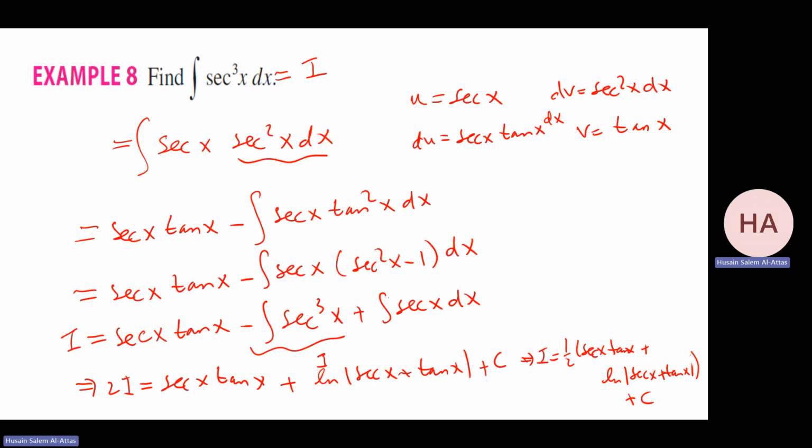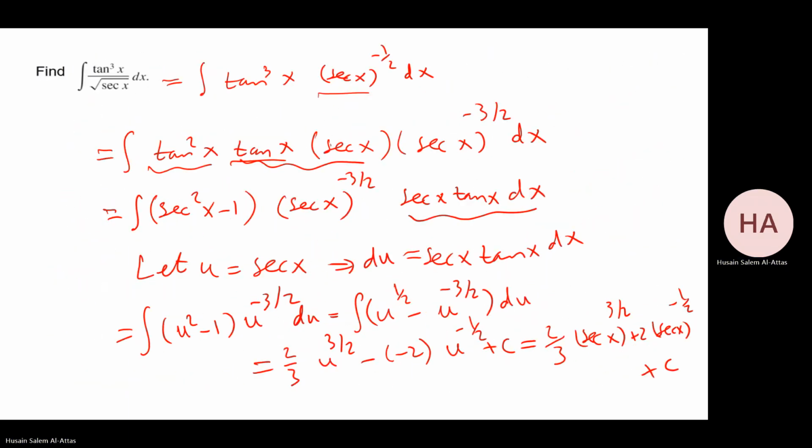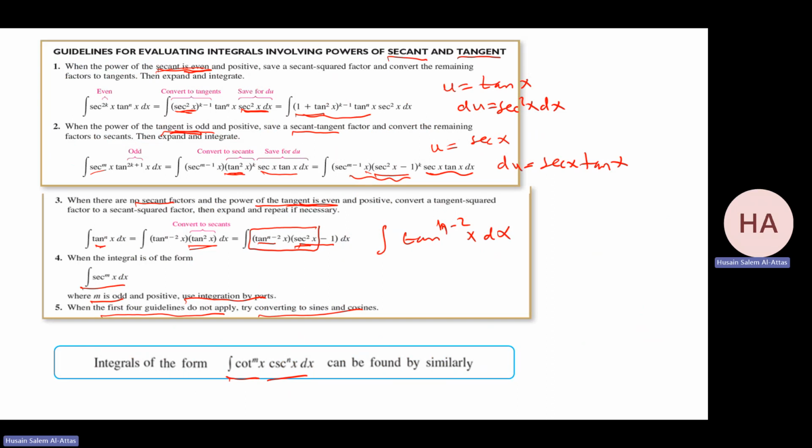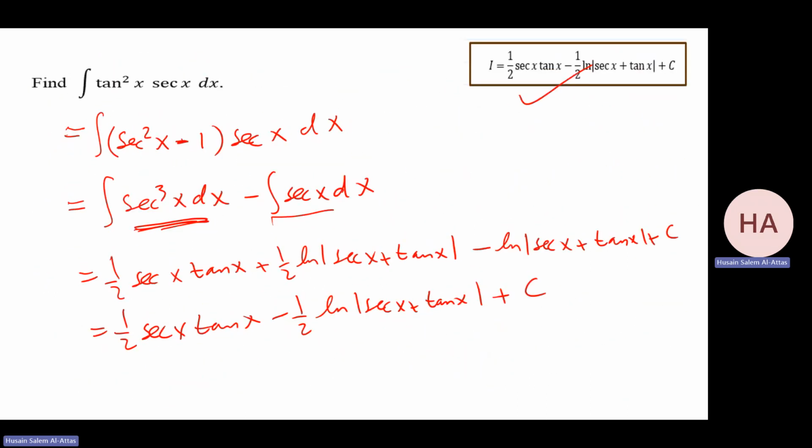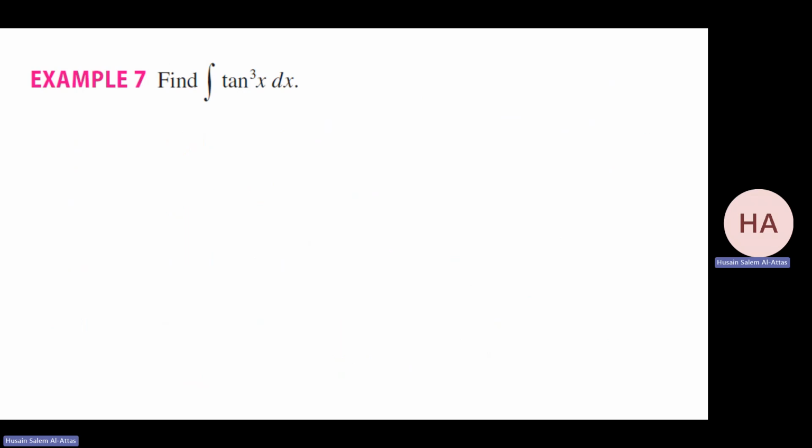Tan cubed. Did you do tan cubed before? Yeah, if tan is odd, it's easy. If tan is odd or secant is even, it's easy. So tan cubed will be easy. That will be tan squared x times tan x dx. I need to save secant tan.